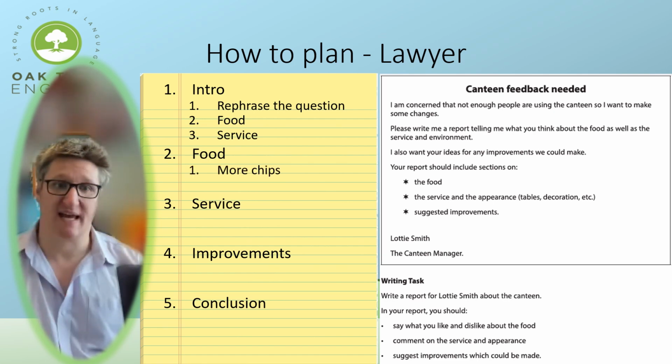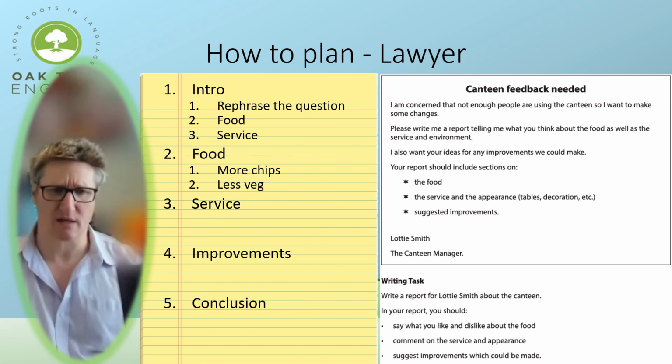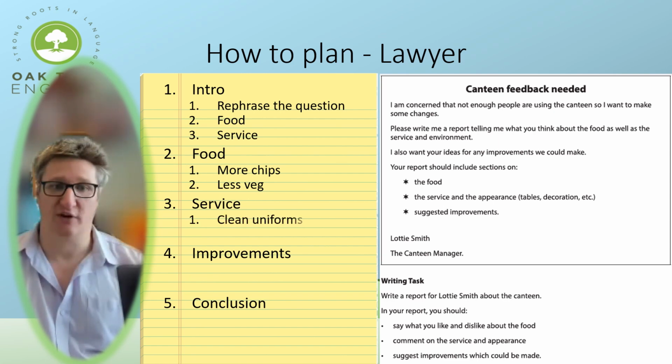For food, you might say more chips, less veg, because, you know, we're English. Then perhaps for service, you might write clean uniforms, because they're all pretty mucky at the moment, or kind staff who don't spit in your food.